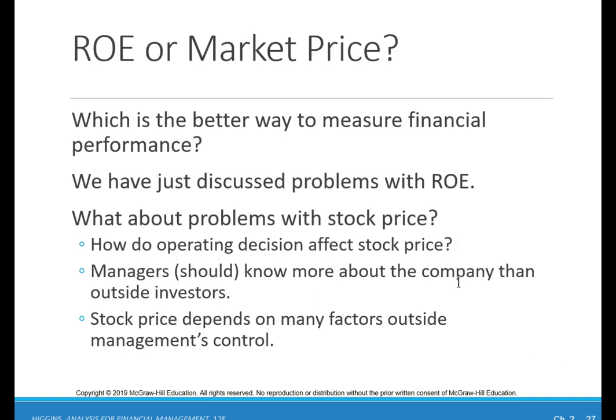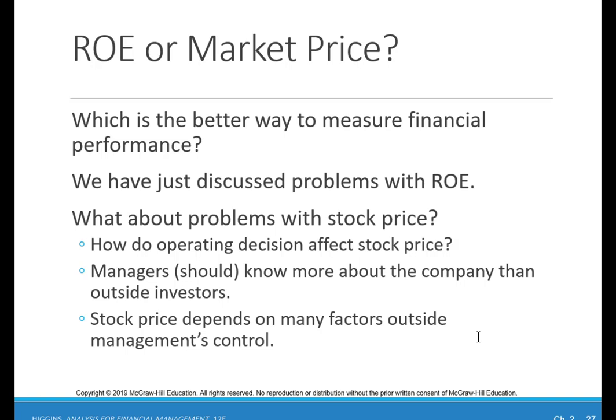Managers should know more about a company than outside investors, right? So stock price depends on many factors that are outside management's control. The stock price is a variable that by its very nature is uncertain and has so many different variables that affect it.